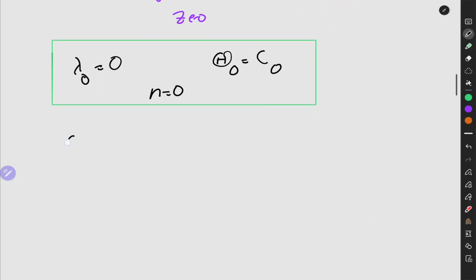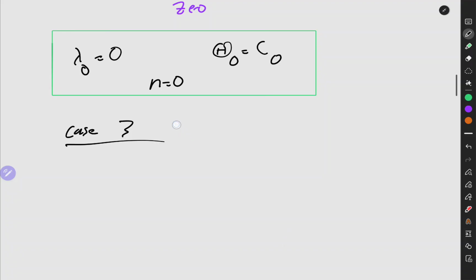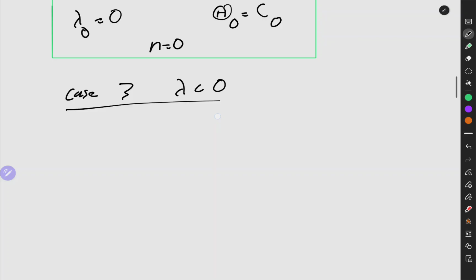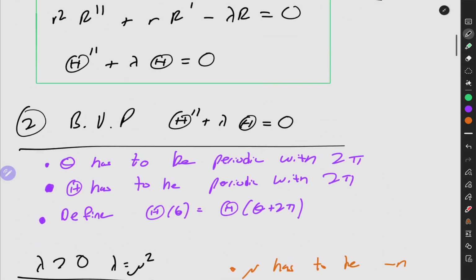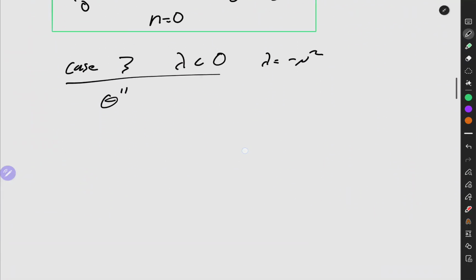We have case 3 now, where lambda is less than 0. If lambda is less than 0, it's equal to negative mu squared. So we have theta double prime is equal to negative, becomes positive, mu squared theta, or does it?